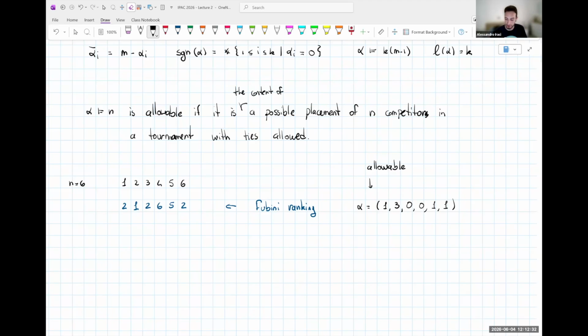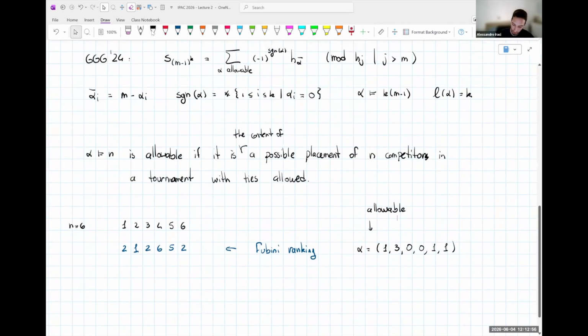So allowable compositions are compositions that describe the possible placements of n people that compete in a tournament with ties allowed. I guess this is the easiest way to picture that in your mind. All good so far? Okay.